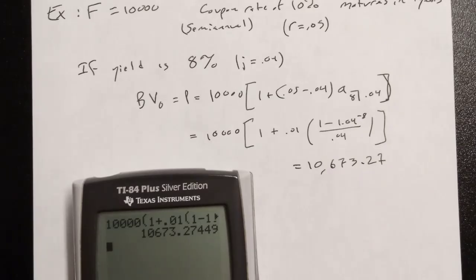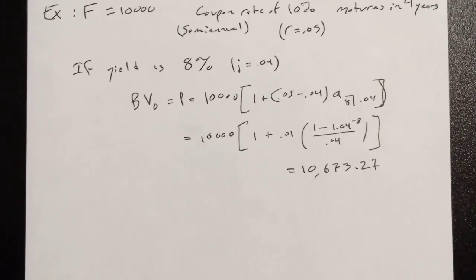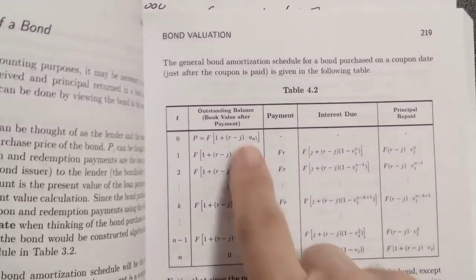My payments are the coupon amounts. So this is the book value at time 0. That's the number that goes here.